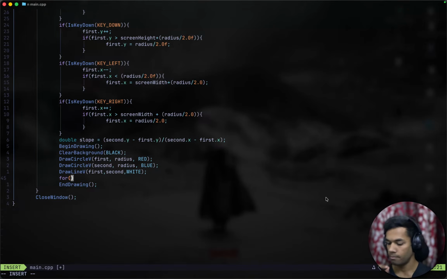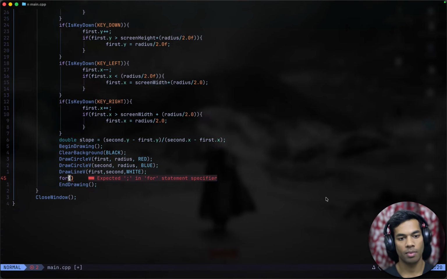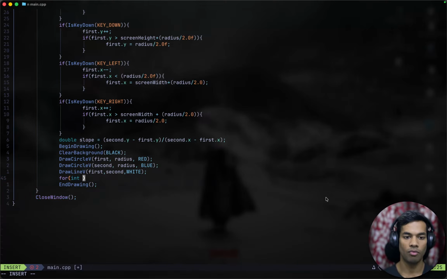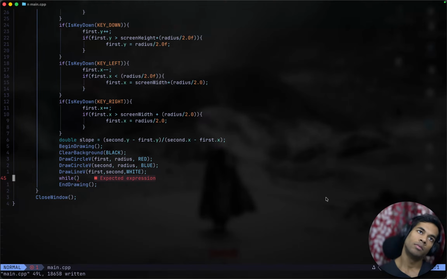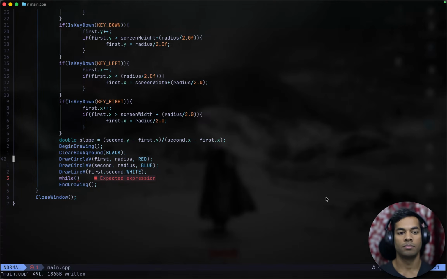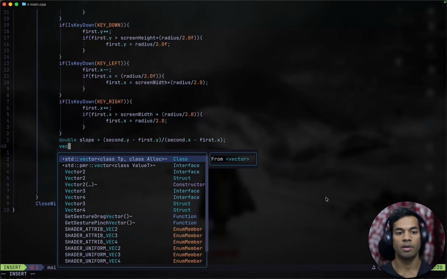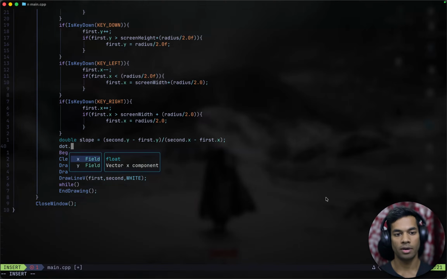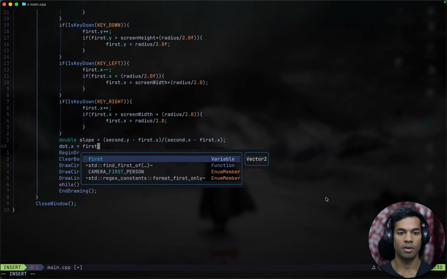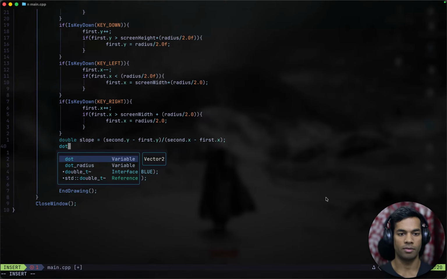A while loop would be better. We'll say dot x equals first.